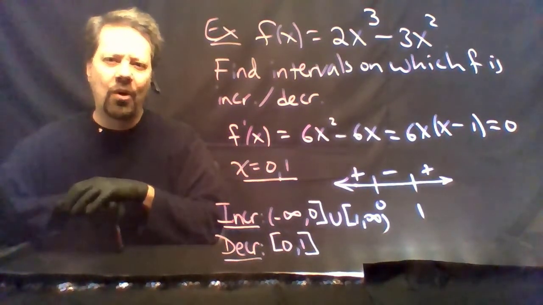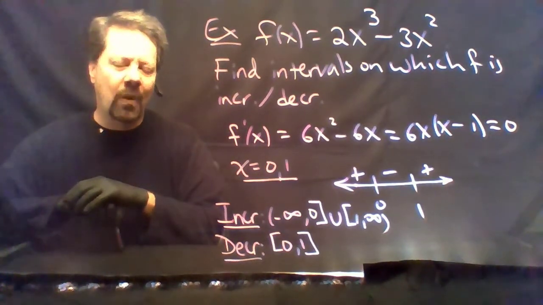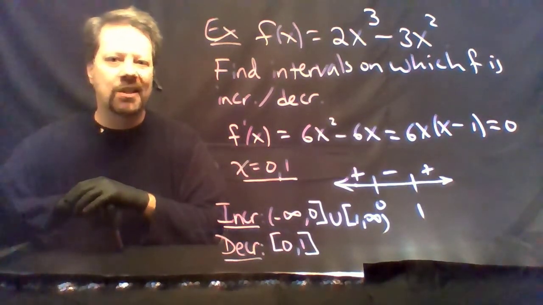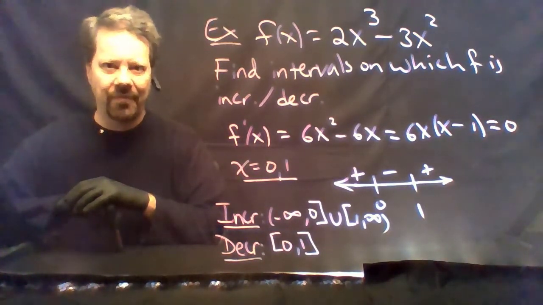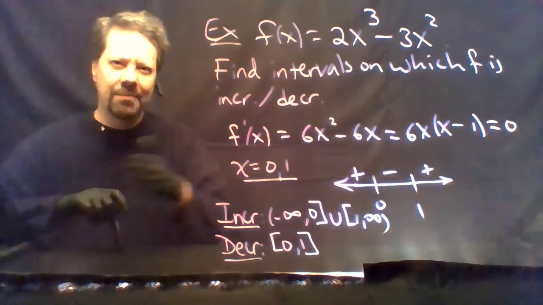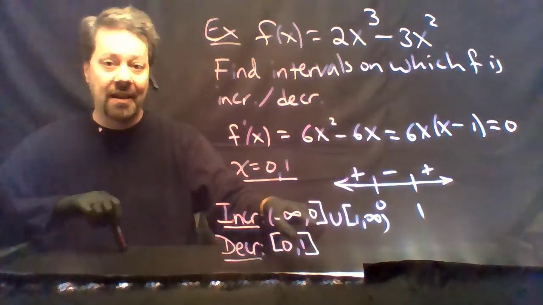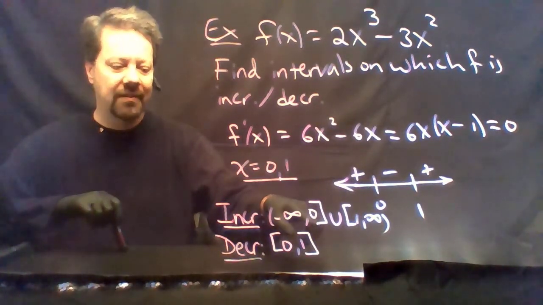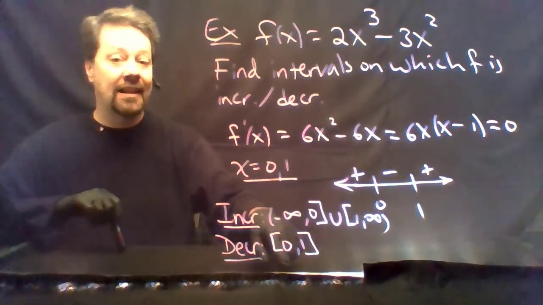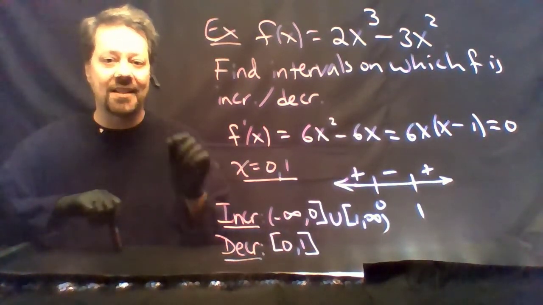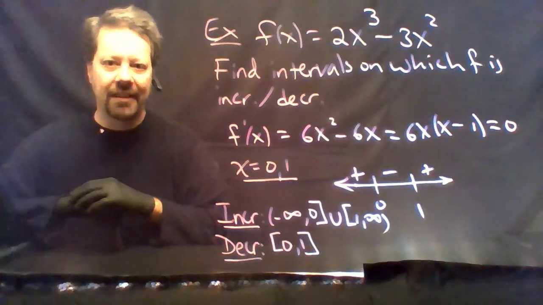A lot of homework programs will require that all of your intervals for increasing and decreasing be expressed as open intervals. In fact, they could be extended to include those endpoints. And 0 could be included both in the increasing interval and in the decreasing interval. And that's okay, because that satisfies the exact definition of increasing and decreasing.